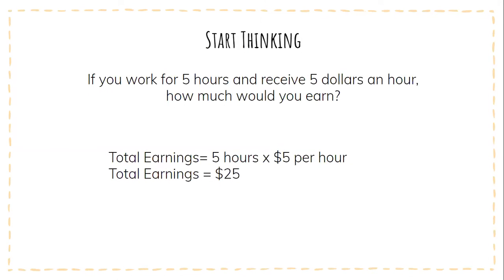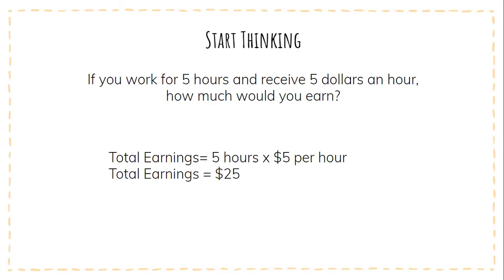So moving forward in our start thinking, the first question was, if you work for 5 hours and receive $5 an hour, how much do you earn? So our key question here is, how much do you earn when working 5 hours for $5? So I know that I'm going to be using multiplication in this one. So I'm going to be multiplying my 5 hours times my $5 to get how much I earn.